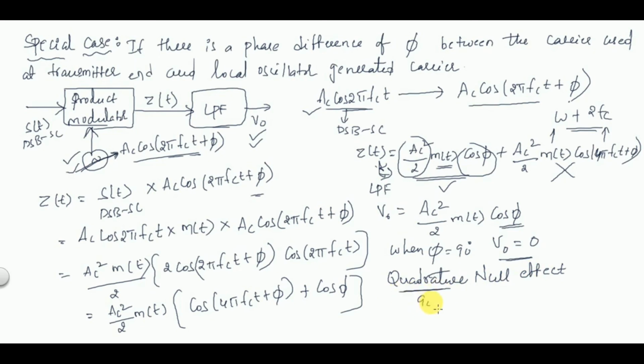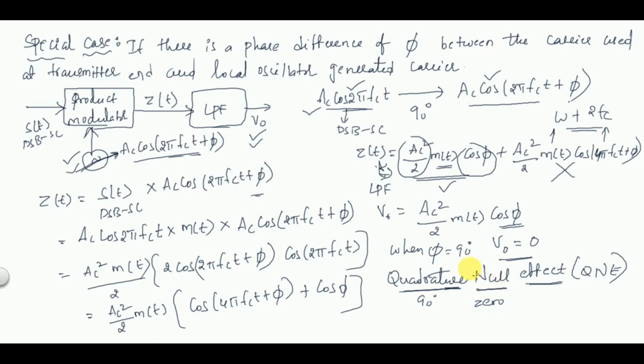Quadrature means 90 degrees phase shift. That is, if there is a phase shift of 90 degrees between the carrier used at the transmitting end and the local oscillator generated carrier, the output becomes 0. Null means becoming 0, and hence such an effect is called the Quadrature Null Effect, or QNE in short.